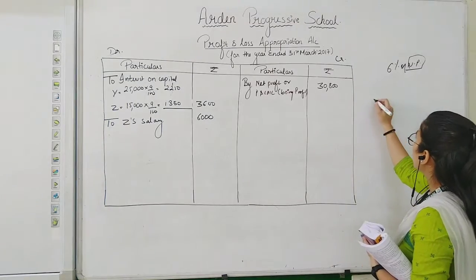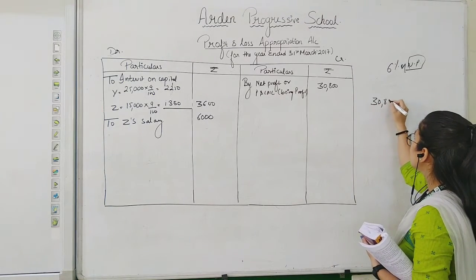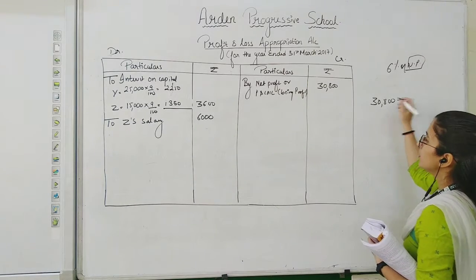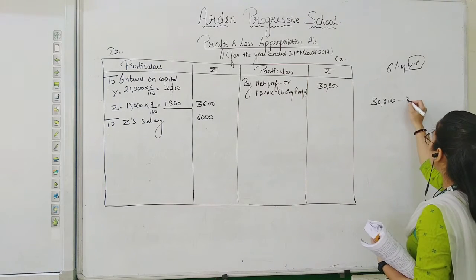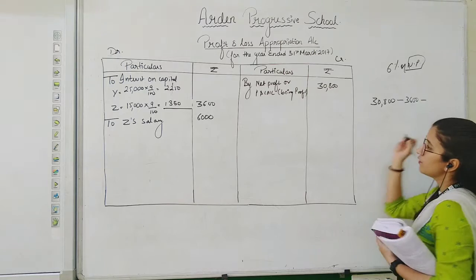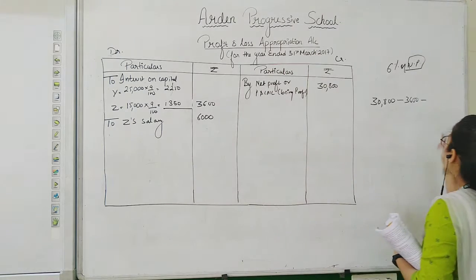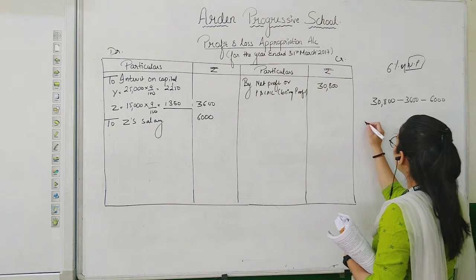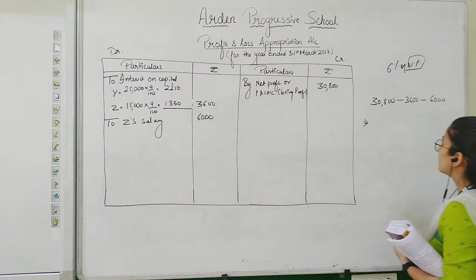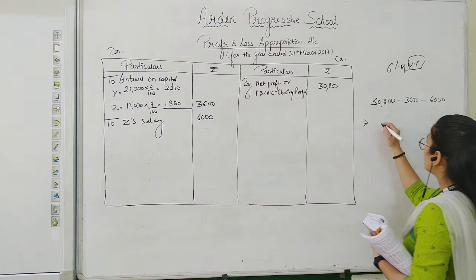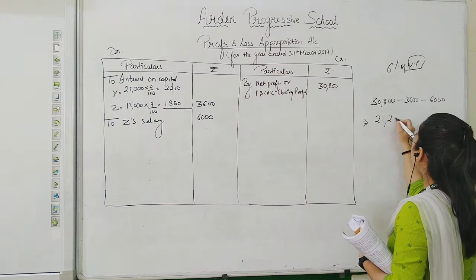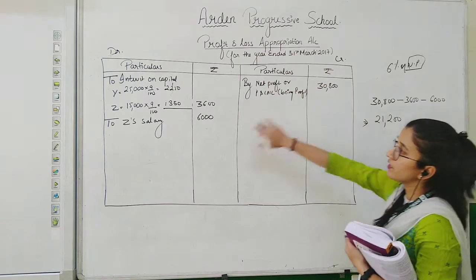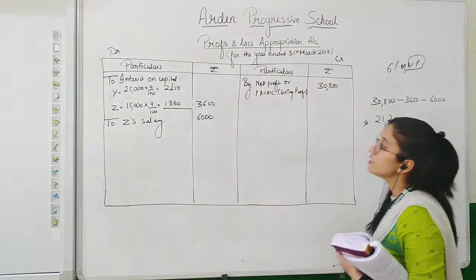We have a net profit of rupees 30,800, from which we will deduct interest on capital amounting to rupees 3,600 and also Z's salary of rupees 6,000. By deducting all these charges from net profit, we get 21,200 as net profit remaining after deducting interest on capital and salary.